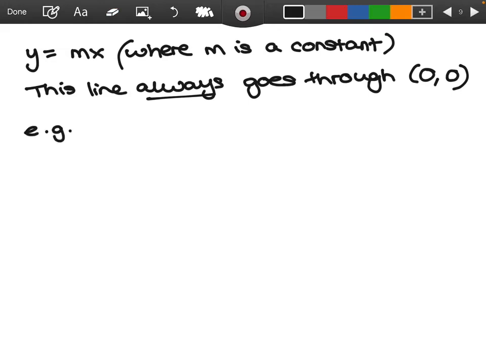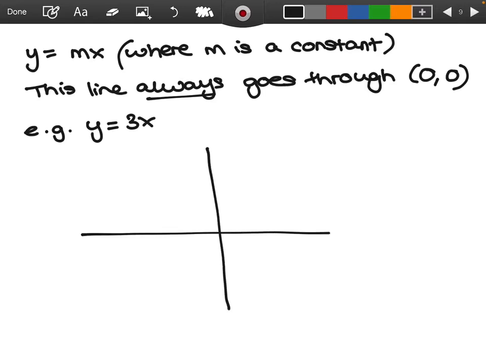So if I look at the graph of y is equal to 3x, okay, I know that this particular line must go through 0, 0, because when x is 0, y is 0. So I know that it has to go through 0, 0. Now, doing a quick sketch here, what you would normally do is figure out another point on the line, join them up, and then you can extend the line in both directions.